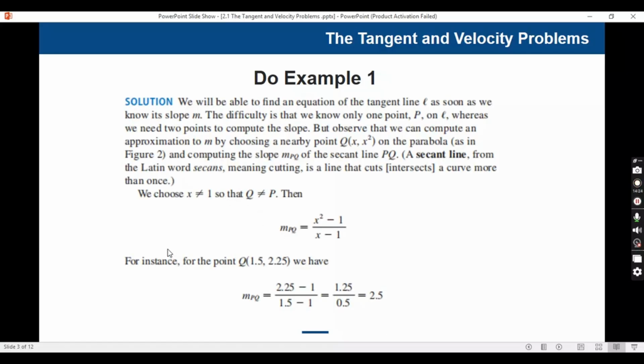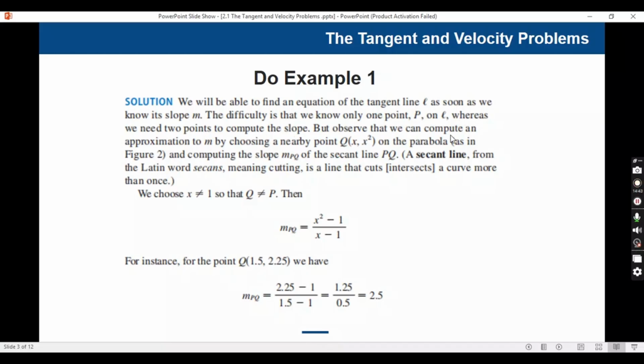Okay, so it says we will be able to find an equation of the line as soon as we know its slope. The difficulty is that we only know one point P, whereas we need 2 points to compute the slope.